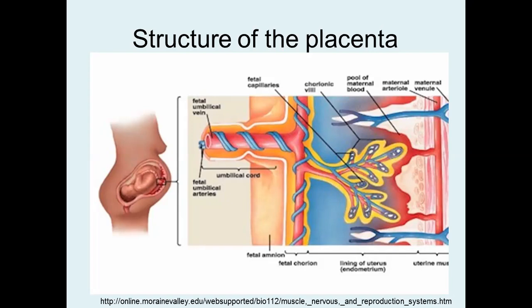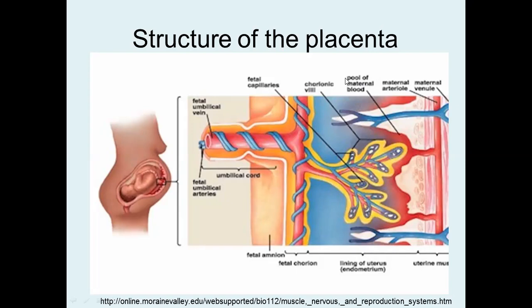The second feature that is important is there are many maternal blood vessels in the endometrium. But what actually happens around the placenta is those maternal blood vessels break down, and therefore they form what is known as a maternal blood sinus.